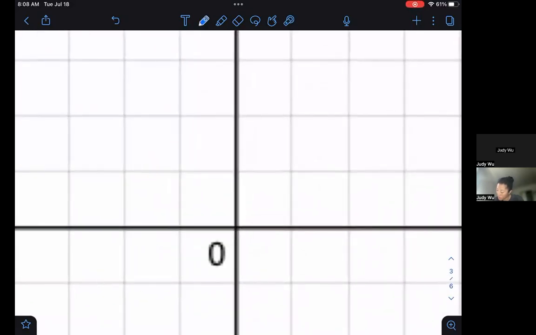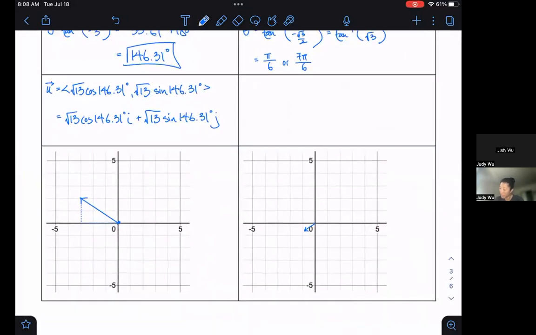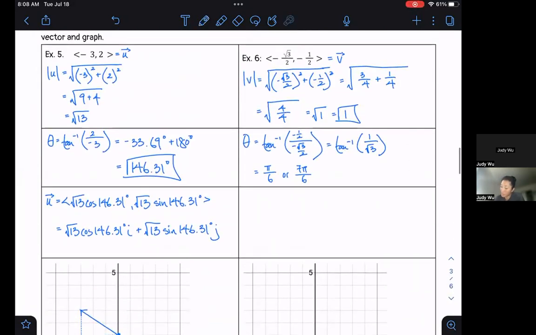So it's going to be super small in here, and that's okay. Negative both times, negative and negative. Okay, so our vector looks so much smaller than the one we had in example 5, but that's okay because this one had a magnitude of root 13, while the other one only has a magnitude of 1.